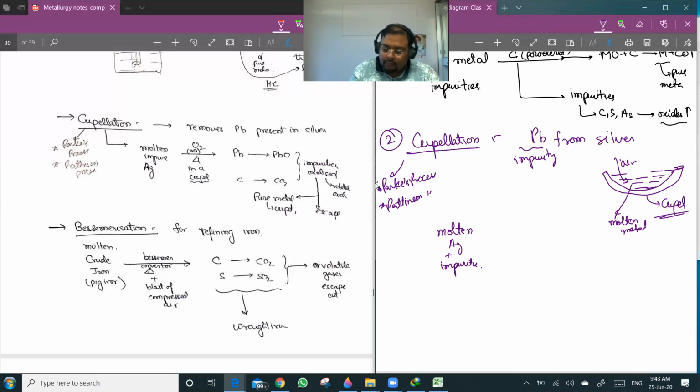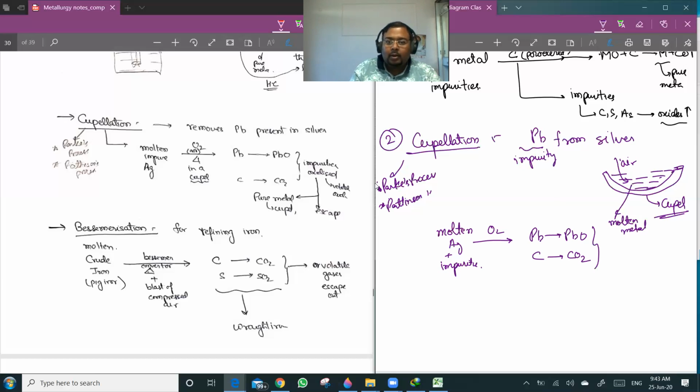When you pass oxygen through the molten metal, lead is converted into PbO, and carbon, if present as an impurity, is converted into CO2.